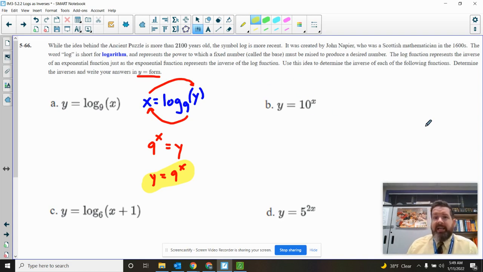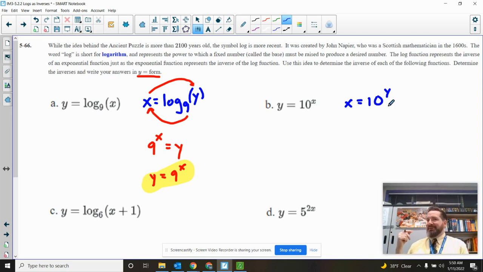Let's take a look here at the second. Same idea. We are going to find the inverse by literally switching the letters x and y. So x equals 10 to the power of y. And then to get that y by itself, I need something that gives me the exponent. Hello, logarithms. That's what you're for. So change the form.